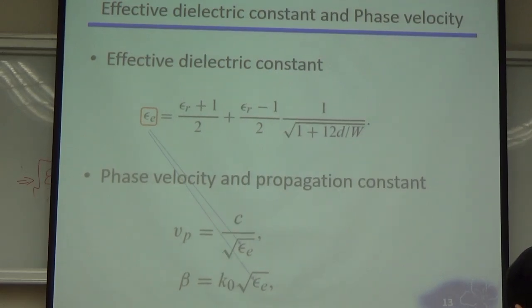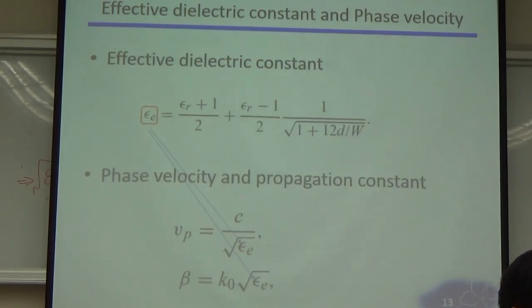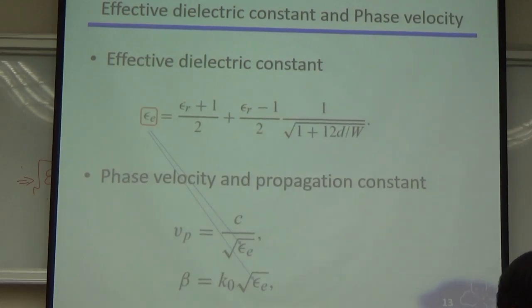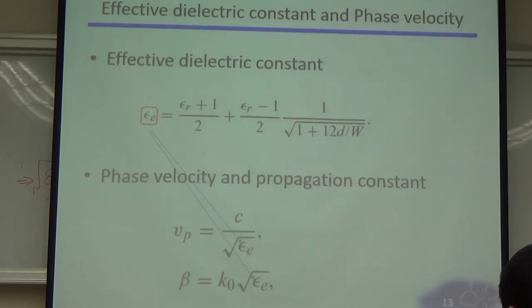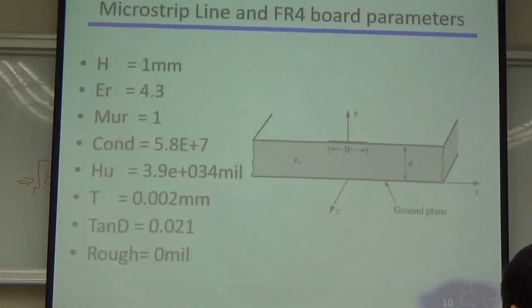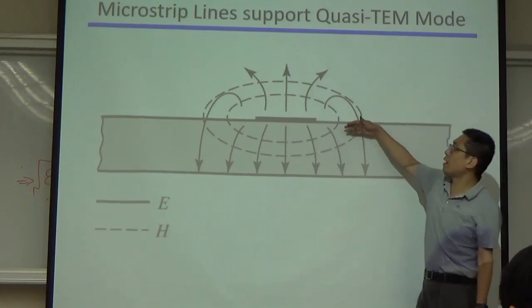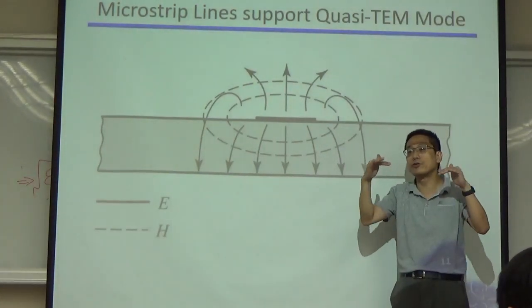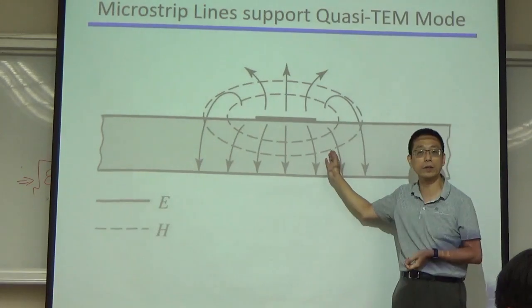That's why I say the beta of coaxial cable and the beta for the microstrip line are different, because for coaxial cable you use epsilon r, for microstrip line you use epsilon E, and your epsilon E is relevant to the geometry, not only the material. Understand? You can imagine that, because you have wave leaking outside, so your geometry is also important, not only the material.